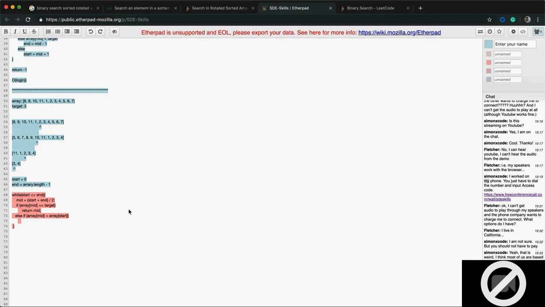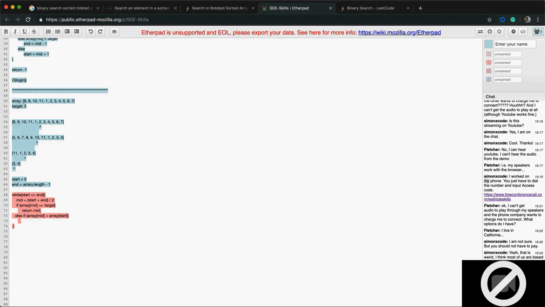So we need to know which side. If array of mid is less than array of start, what does this tell us? Array of mid is less than that, which means we need to go on the right side. That means this left part is not rotated.